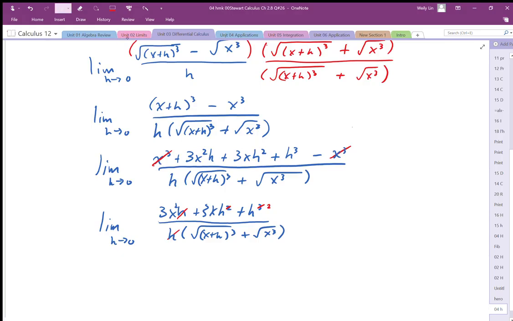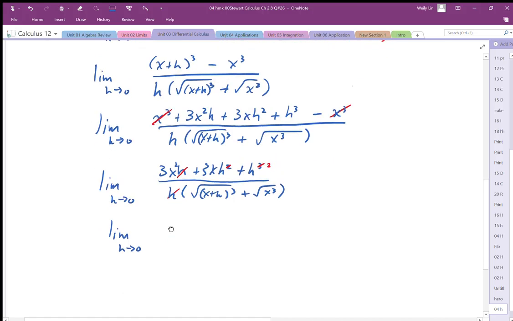So that's the key. Now I'm going to rewrite this again without the h's, and I can see that at this point I can evaluate this limit. So I get 3x squared plus 3xh plus h squared all over the denominator, the square root of (x plus h) cubed plus the square root of x cubed.